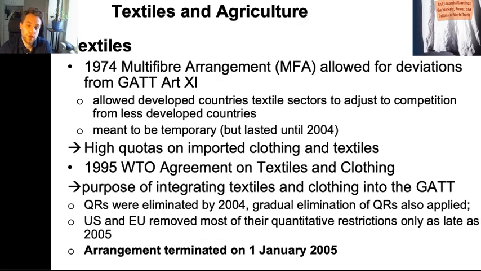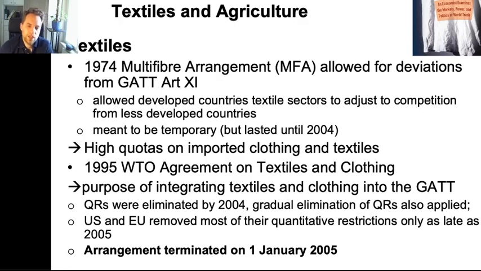And this is where the accusation comes from many developing countries that say, okay, you want free market principles and free trade for your products, but once we have a competitive advantage and we want to export our products to your markets, there you apply protectionism. And this accusation is not unfounded. You find it, for example, in this special agreement that allowed richer countries to apply quantitative restrictions in connection with textile products.